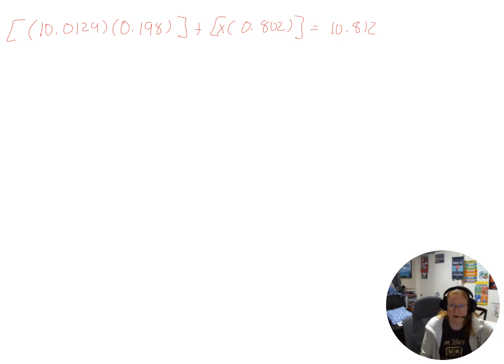All right, and so that X is going to be the missing boron 11, and then I can use algebra and solve for X.